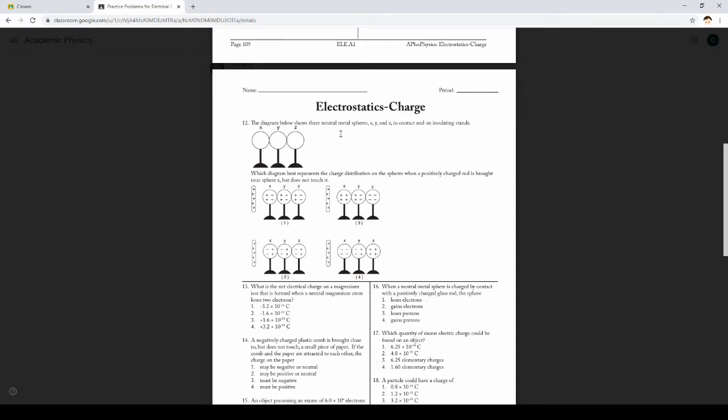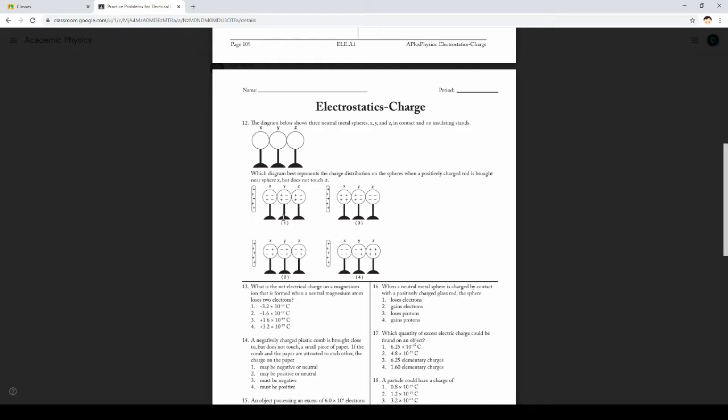The diagram below shows 3 neutral metal spheres, X, Y, and Z, in contact on insulating stands. Which diagram represents the charge distribution on the spheres when a positively charged rod is brought near the sphere X but does not touch it? Here we have our positively charged rod that is near the sphere.